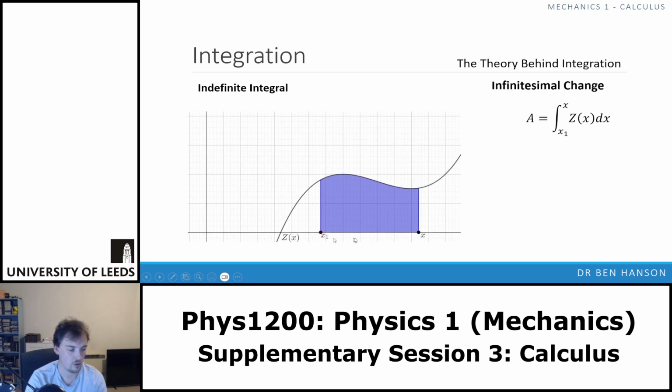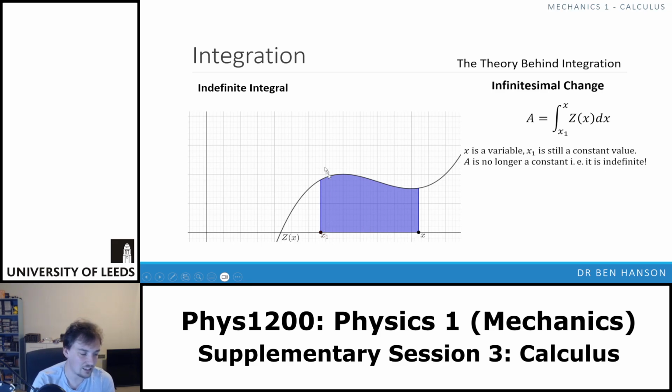So there, look, x1 and x. So x can vary. X could be here, x could be here, x could be here. It's still the same integral operation though. We're just going to stick x in instead of a specific value. X is a variable. x1 is still a constant value though, because if we were varying both of them at the same time, that's going to get confusing. We're asking for trouble if we do that. Easier to just make one constant and vary the other.